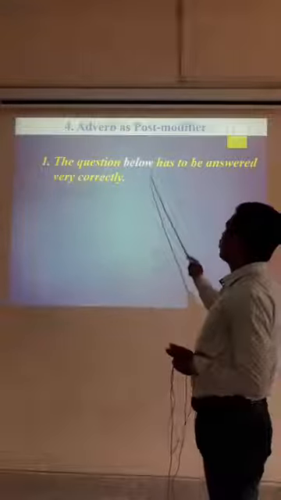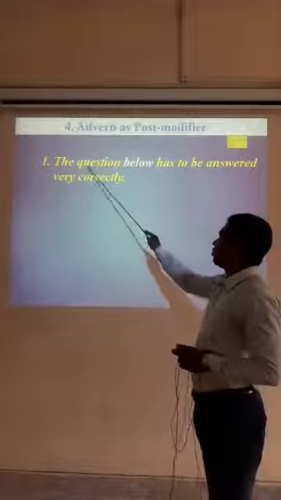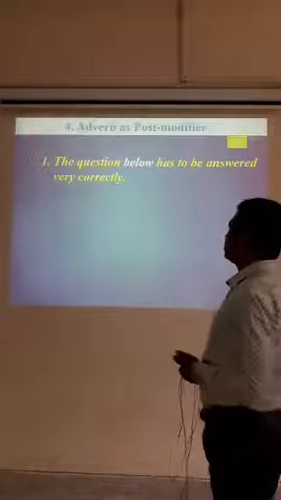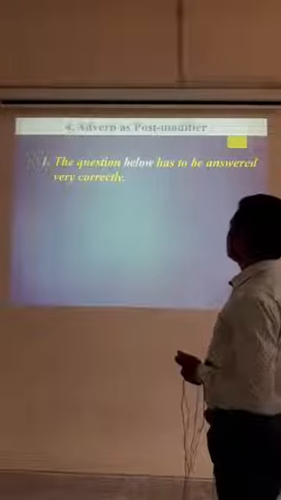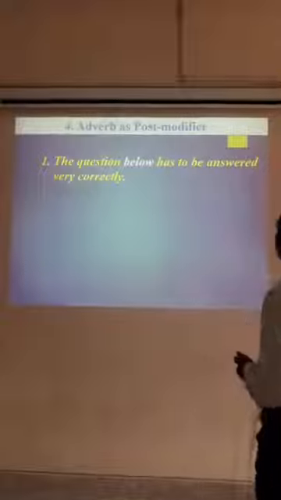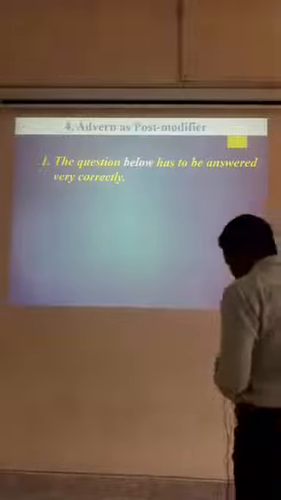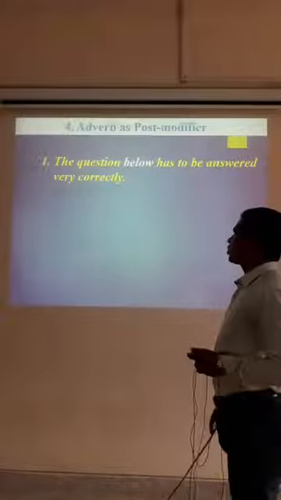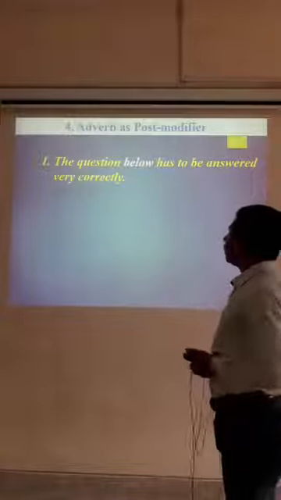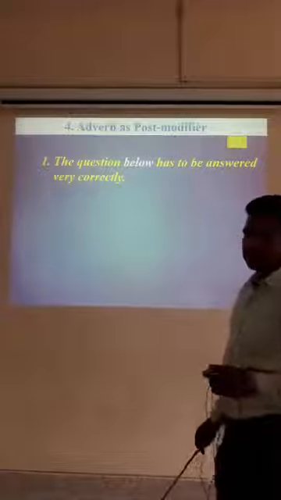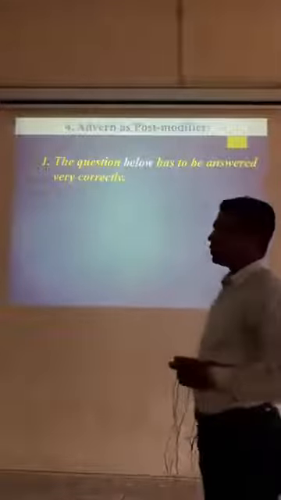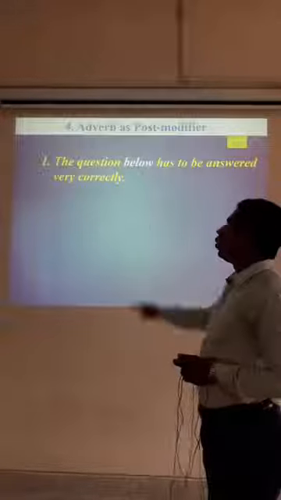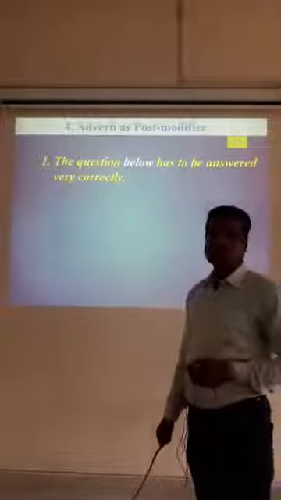Below is a word that says something about the word question. So you can see it is an adverb, and sitting after the question it modifies the question. So it acts as post modifier. That means "below" is used there as post modifier.